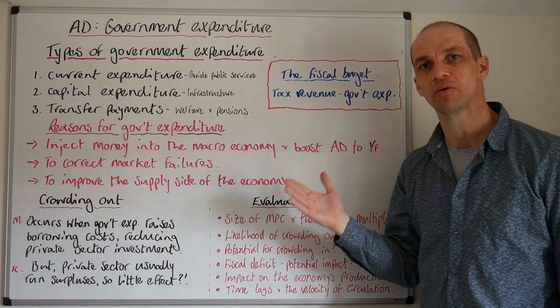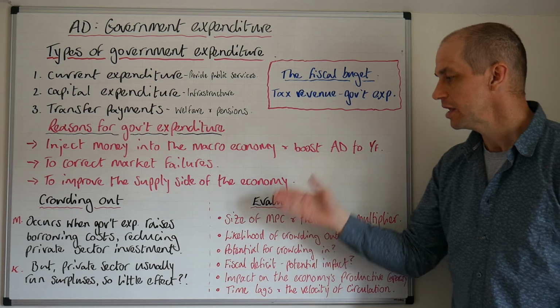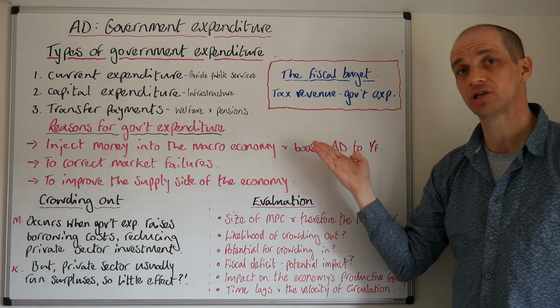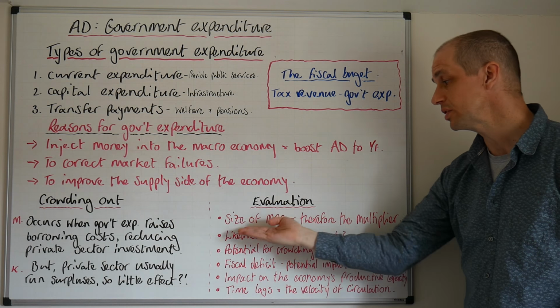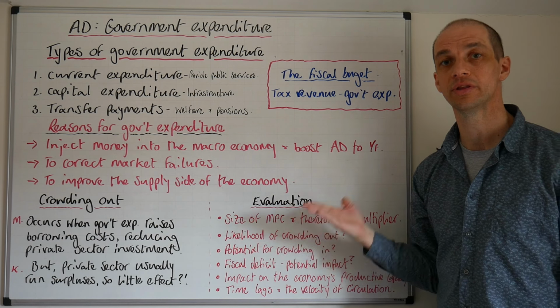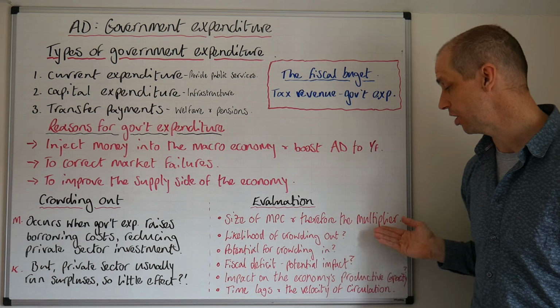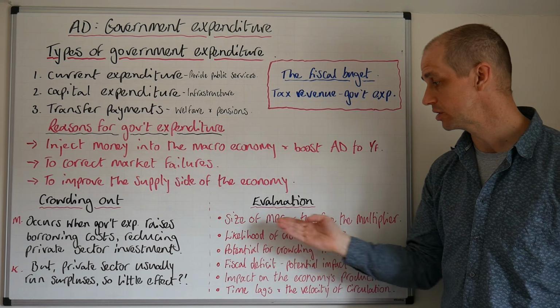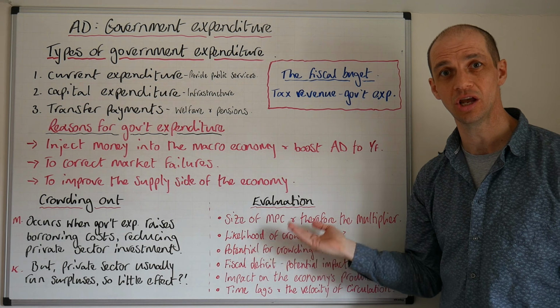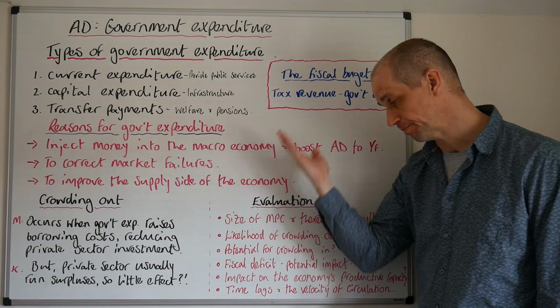So what about your evaluation here? Well, how effective is any injection into the macroeconomy going to be? Well, it's going to depend upon the size of the multiplier, and the multiplier is determined, of course, by the size of the marginal propensity to consume. So that's really important.